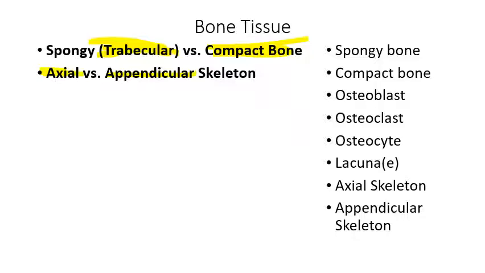So the appendicular skeleton refers to things that you have attached to the axial skeleton. That includes the arms and the legs, basically. The arms and the legs are what we classify as the appendicular skeleton, whereas the skull, the spinal cord, the pelvis, and the ribs are the axial skeleton.